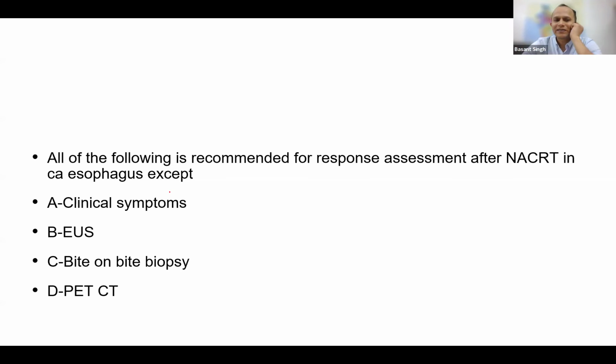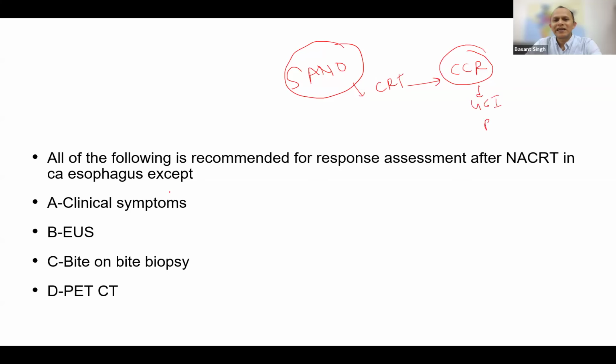They have taken this from the SANO trial. This is a trial trying to see whether you can use a wait and watch policy in CA esophagus. They give chemoradiation therapy and look at patients who have a complete clinical response. How are they evaluating this complete clinical response? They do upper GI endoscopy, PET CT scan, and also biopsy.